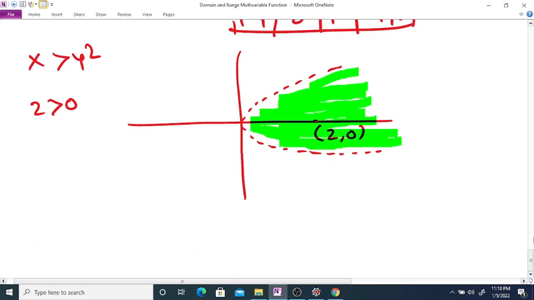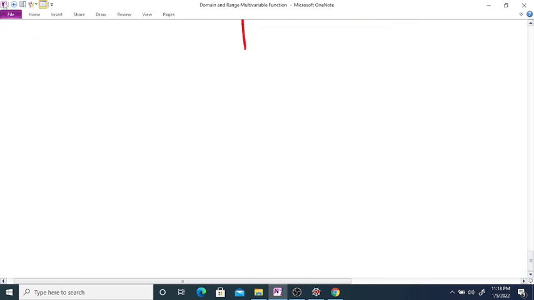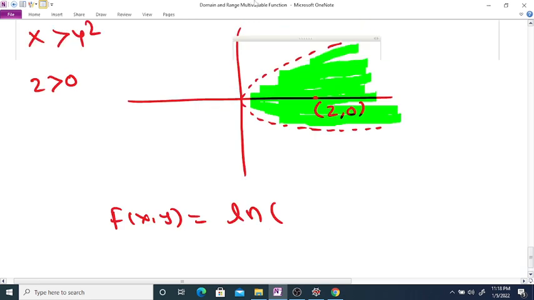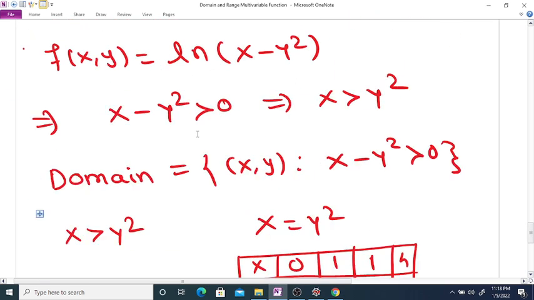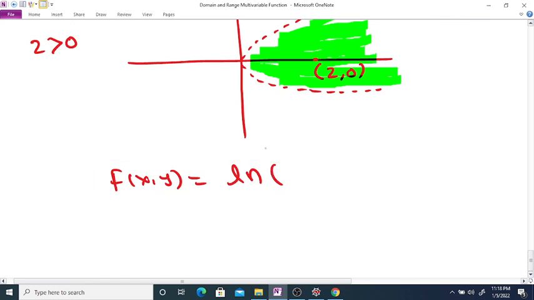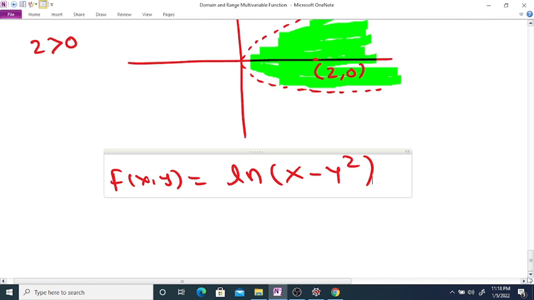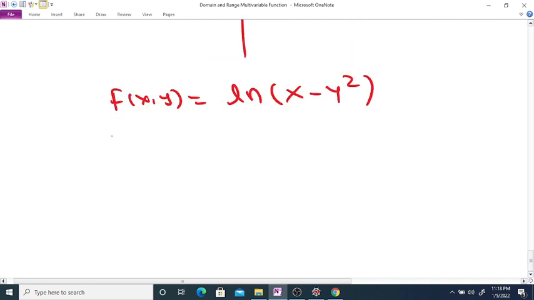Now we are going to decide the range of the given function f(x, y) is equal to ln of (x minus y square). Here you can easily find a pair (x, y) such that f(x, y) is equal to 0.